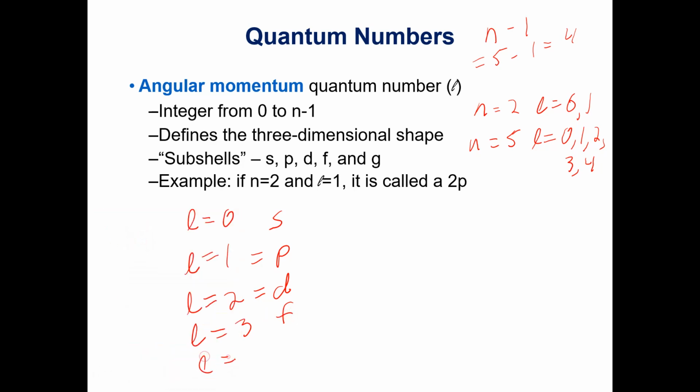And if L equals 4, that is a g subshell. You will need to know those letter designations for these values of L. So L equals 0 is s, L equals 1 is p, L equals 2 is d, L equals 3 is f, and L equals 4 is g.